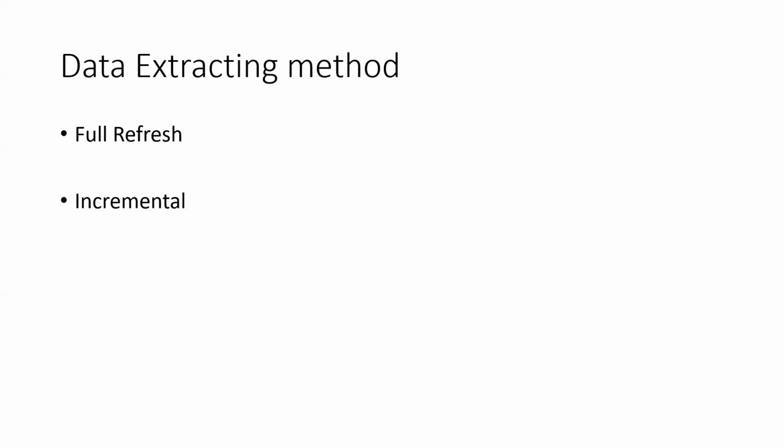Then the next day when running the ETL jobs, we can compare which new records have come based on those timestamps, and those records should be pushed into the target. That is called incremental data load. We are not taking everything in a single go. Rather, we check what new records come and load or extract only these records. So this is the extracting method.